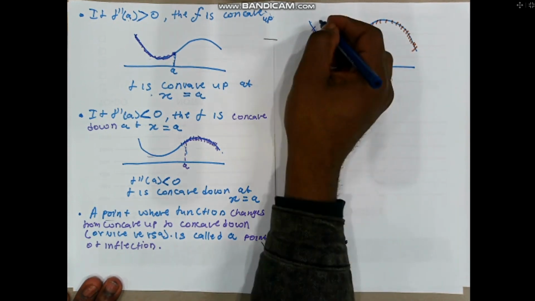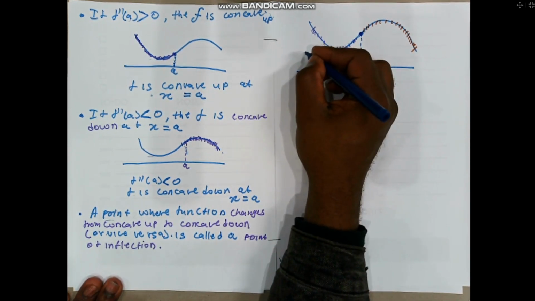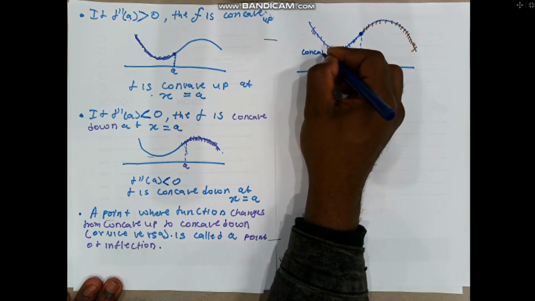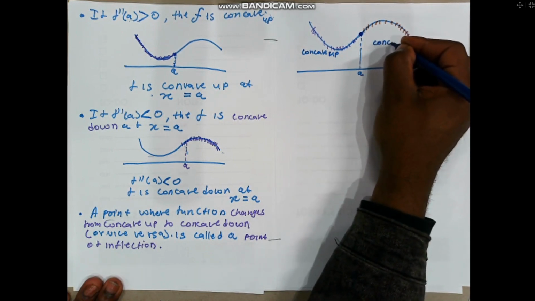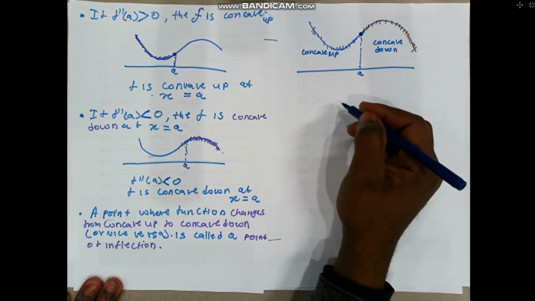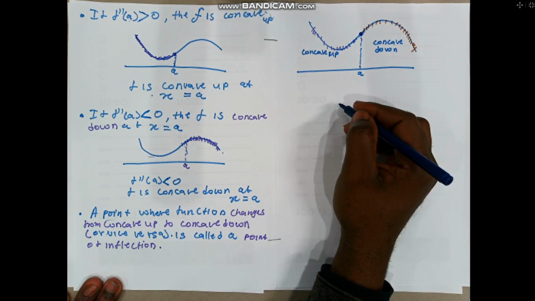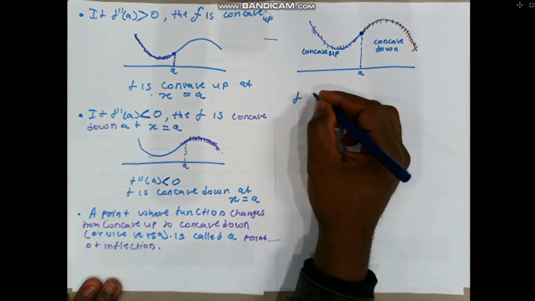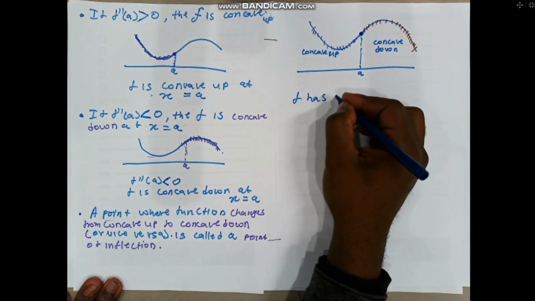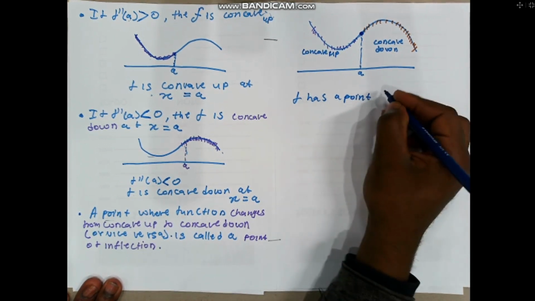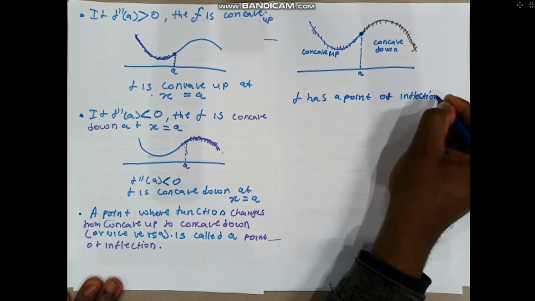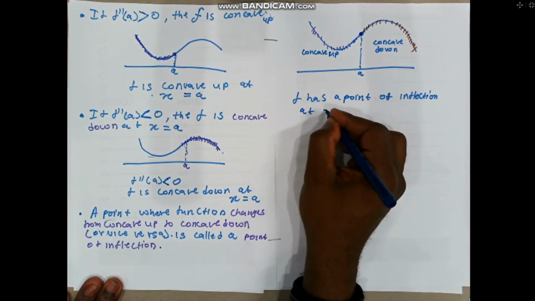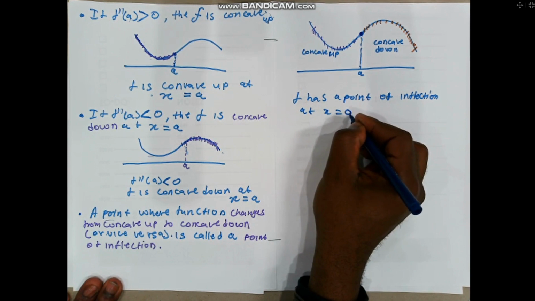I hope you understand it, because here it's concave up, and this one is concave down. This point we call the inflection point. So f has a point of inflection at x is equal to a.